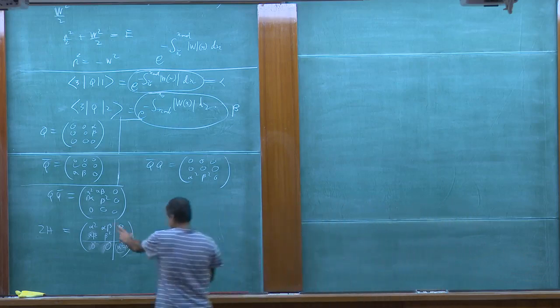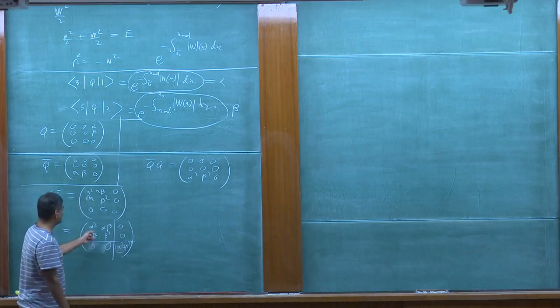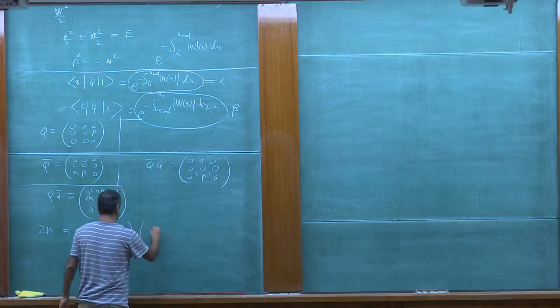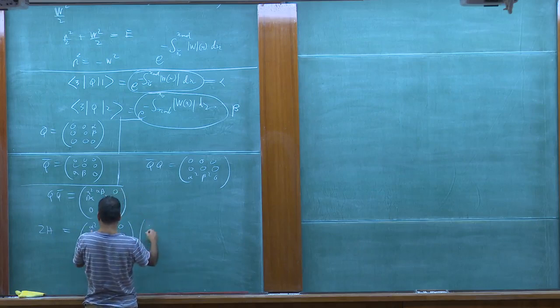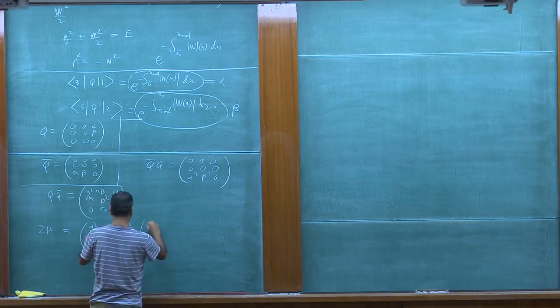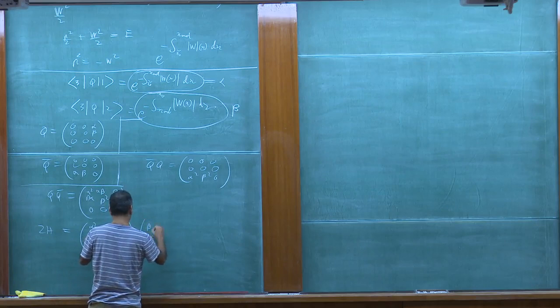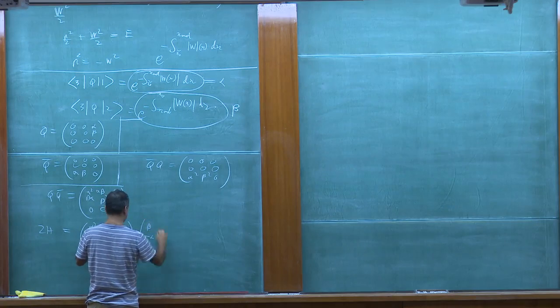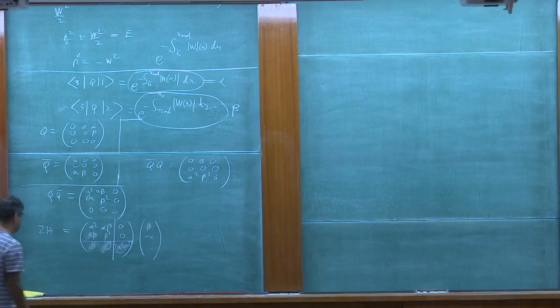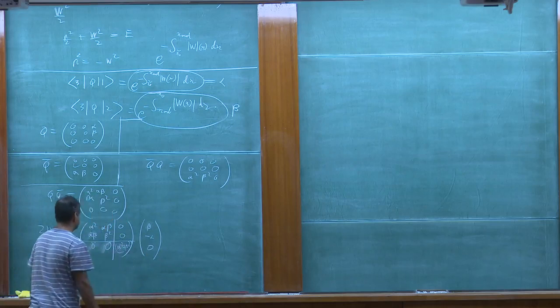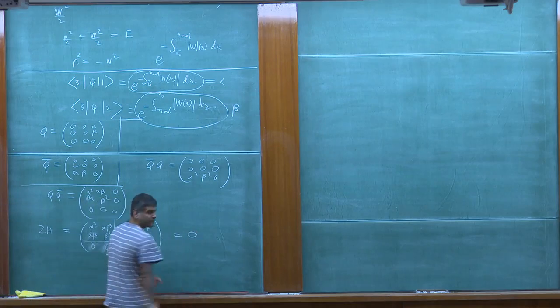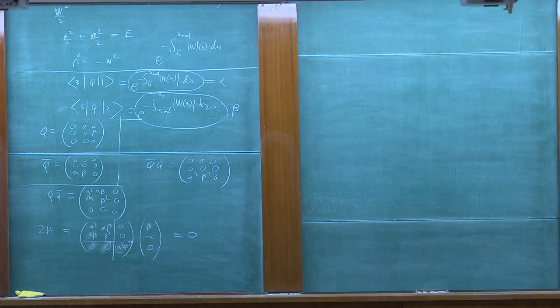So the 0 eigenvalue, well, what is it? We just have to solve this on psi equal to 0. Let's see, if I put a beta here and a minus alpha here, I should do it. Right?